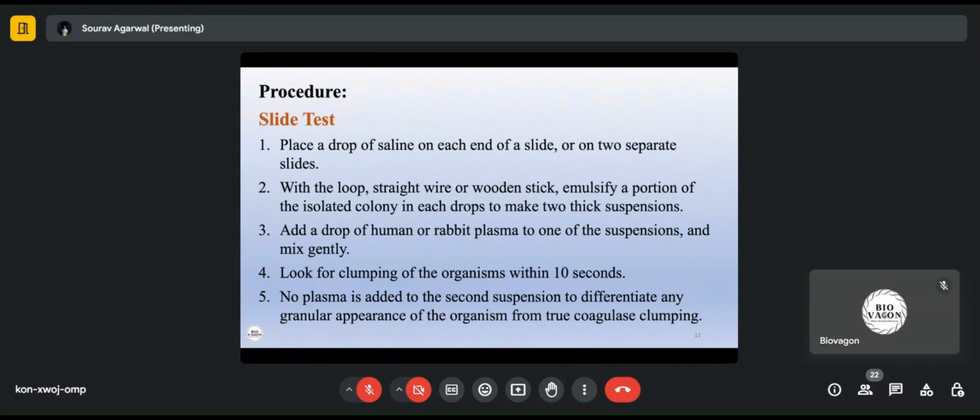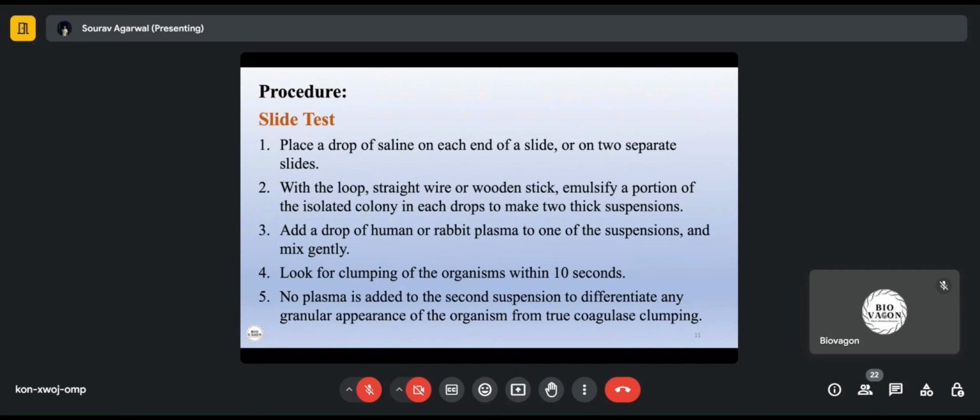So the coagulase test, as we discussed, can be conducted by two methods. One is the slide test, another is the tube test. In the slide test, we take a drop of saline on two different slides. To each of these drops, we add our colony with the help of either a loop or a wire or a wooden stick, and we make a thick suspension.